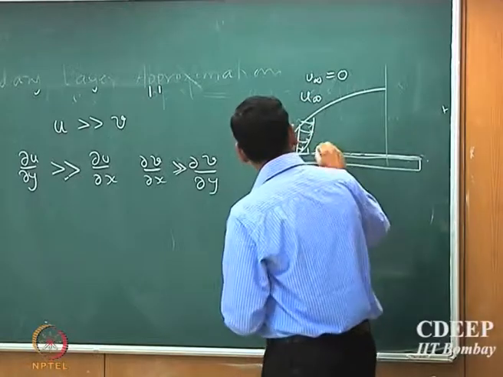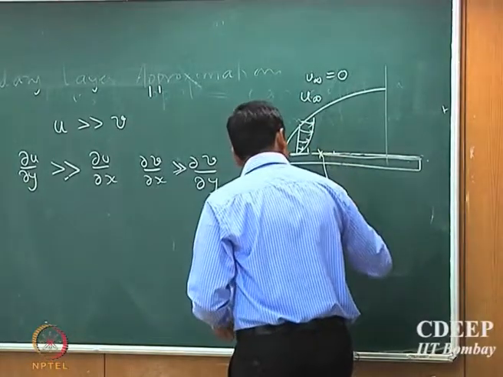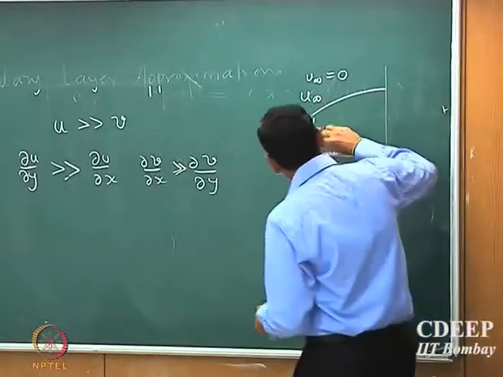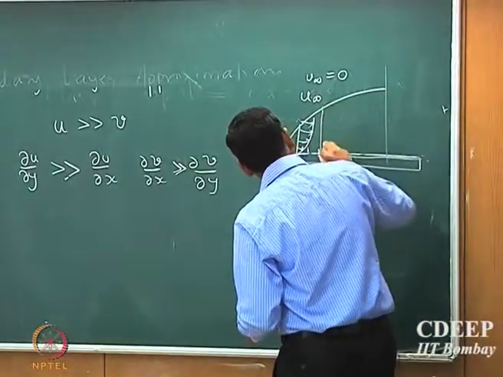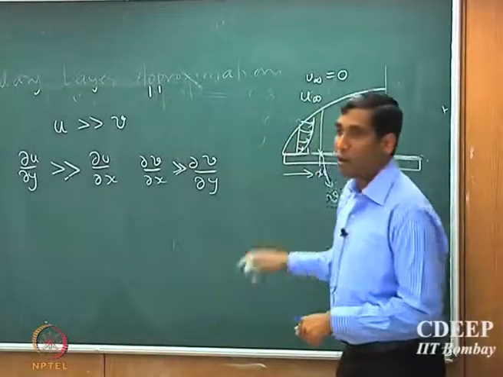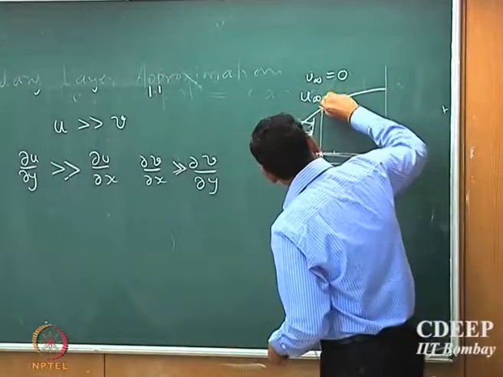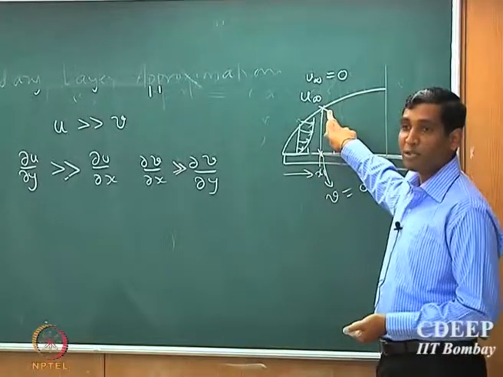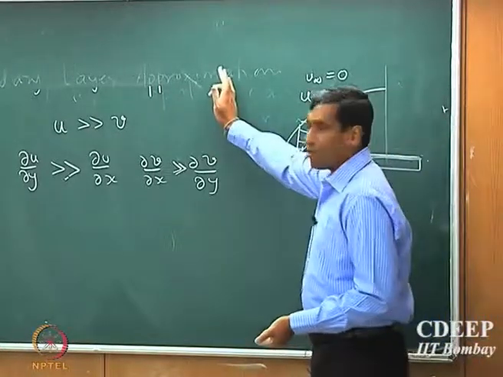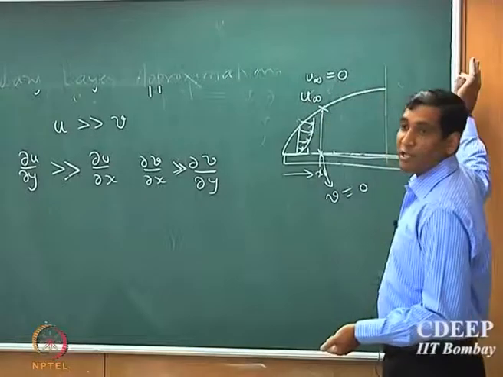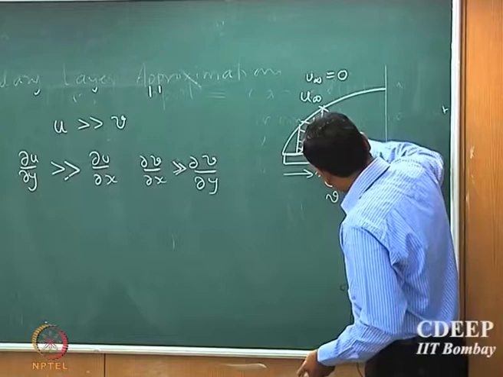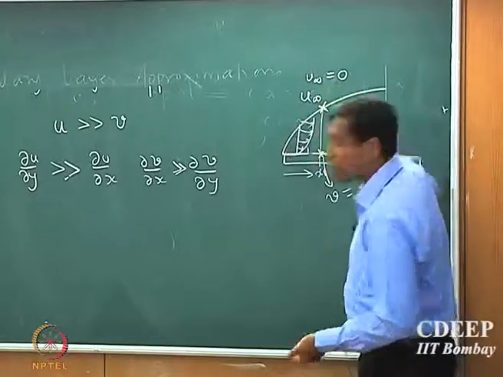So note that both x and y component velocity are 0 here, and if I go along this line, let us say this is x1, you see that the y component velocity at the edge of the boundary layer is also 0, because it's primarily the free stream fluid which is flowing outside the boundary layer. So the velocity is 0 here and it is 0 here.